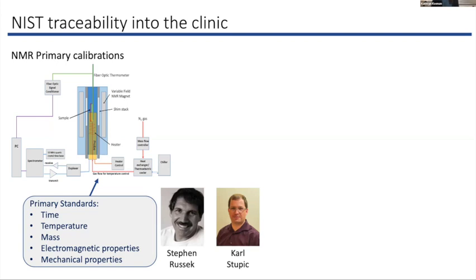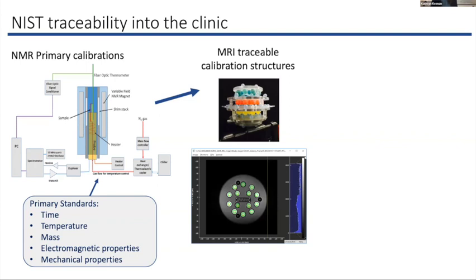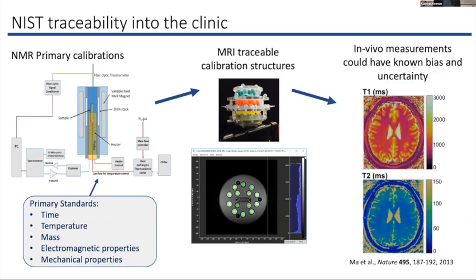Then the goal is that we well characterize these solutions that go into the phantoms, or at NIST, reference objects or calibration structures. Our goal then is that when you're making a quantitative map, we've seen fingerprinting maps today, these in vivo measurements would have a bias: how far off is my scanner's measurement? And an uncertainty: what's the error in my measurement?